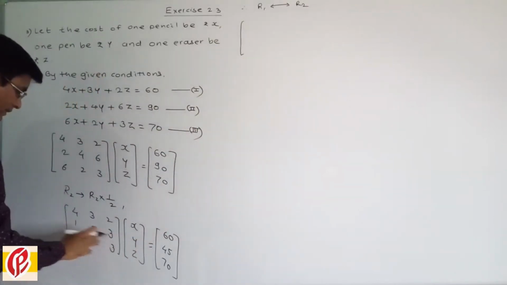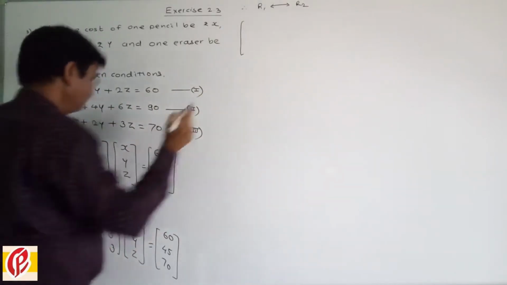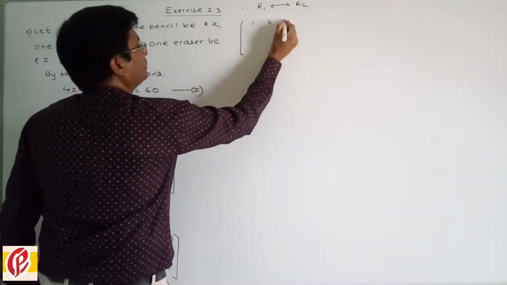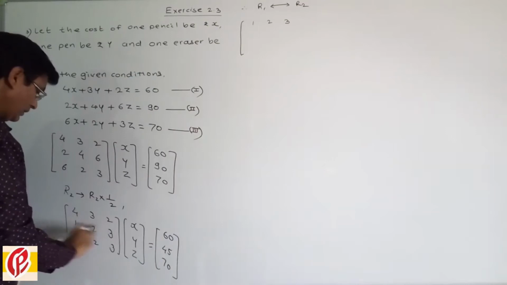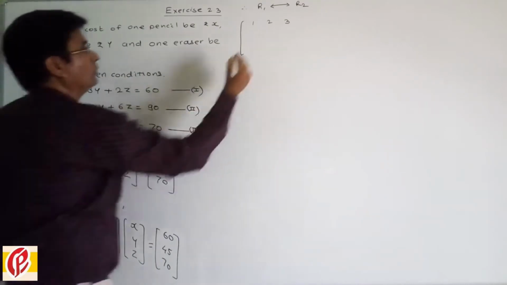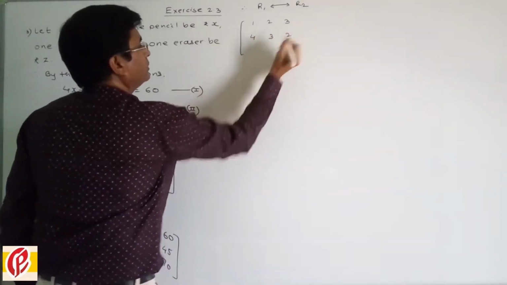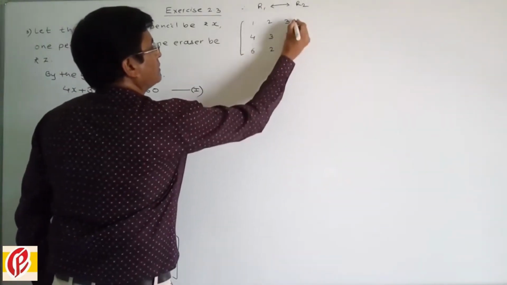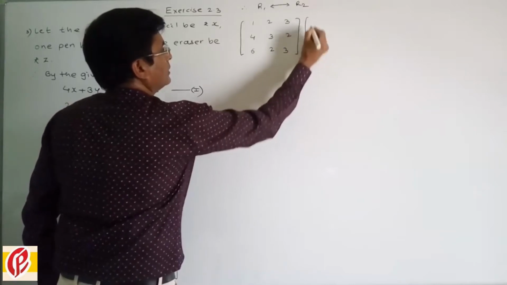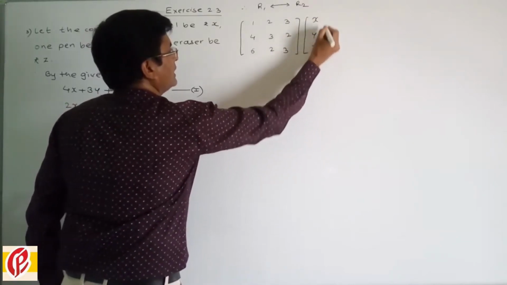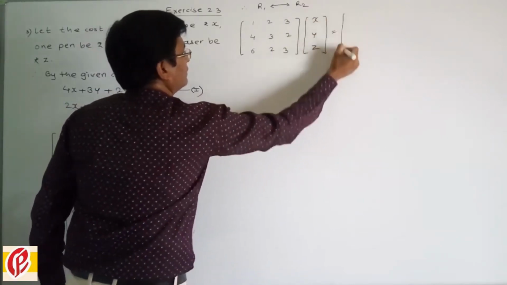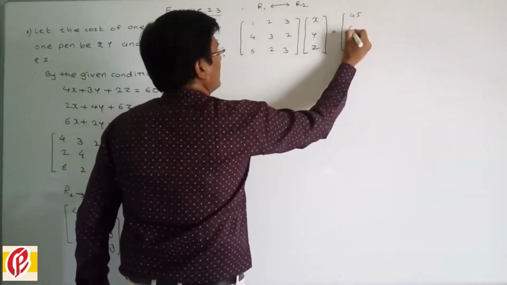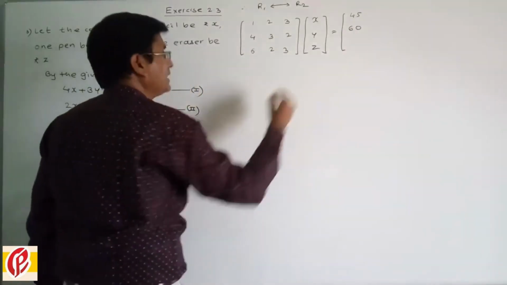I will write the second row in the first row, 1, 2, 3, and the first row in the second row, 4, 3, 2, and 6, 2, 3 as it is, into X, Y, Z, and here 45, 60, interchanging the first row and second row, and 70 as it is.